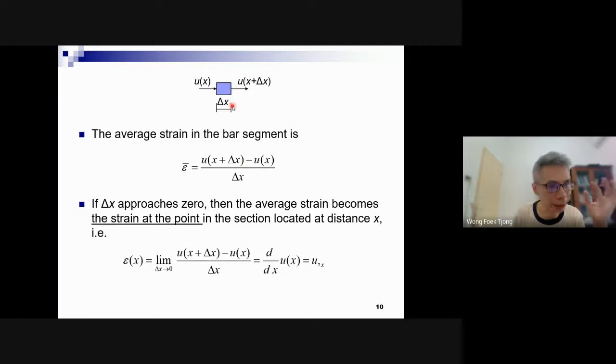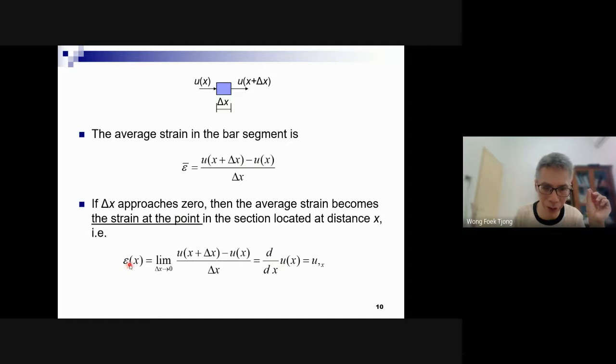To obtain the strain, we take the limit now. Make this bar segment very small. Mathematically, we take the limit of this as delta X approaches 0. And if you learned calculus, you know what this is. It is the definition of derivatives.